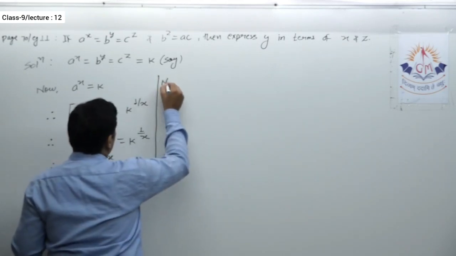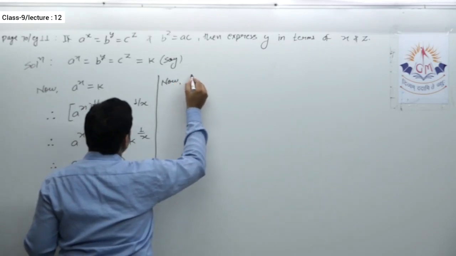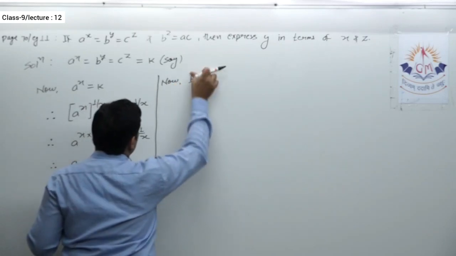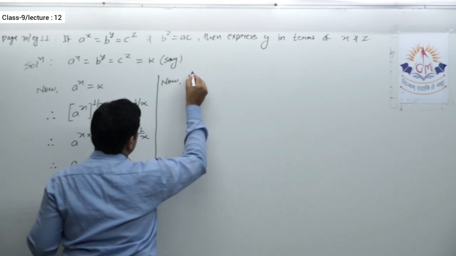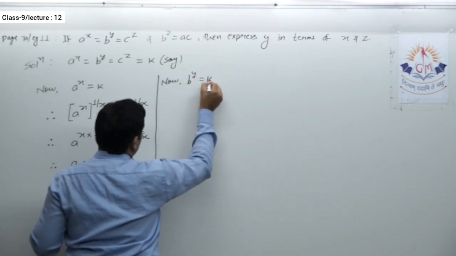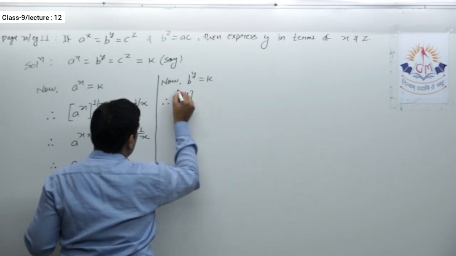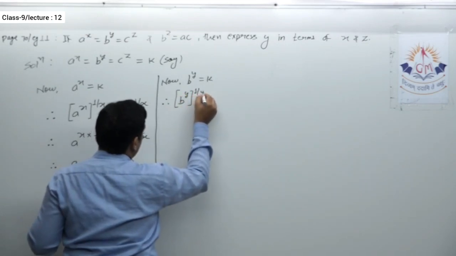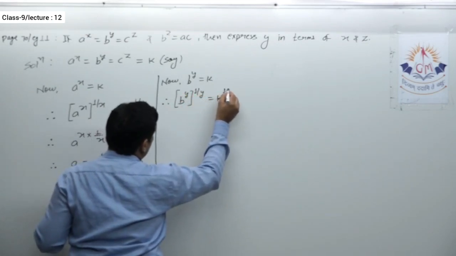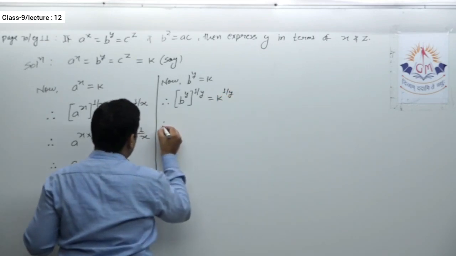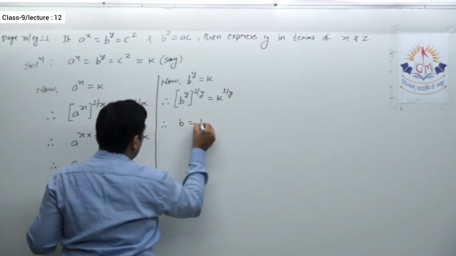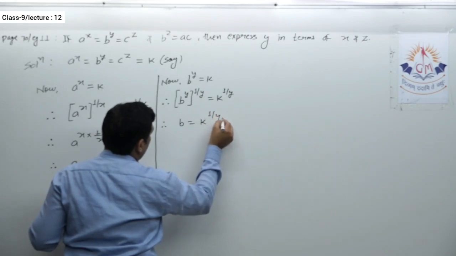Now b raised to y is equal to k, therefore I can write b raised to y raised to 1 upon y is equal to k raised to 1 upon y, and hence I'll get b is equal to k raised to 1 upon y.